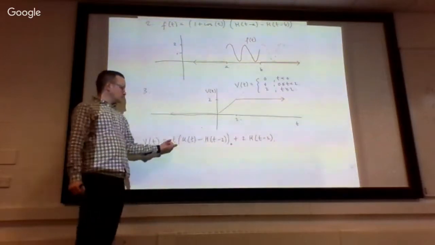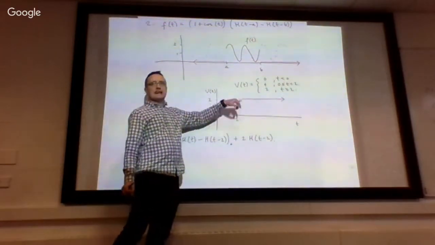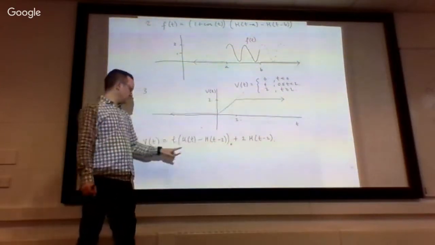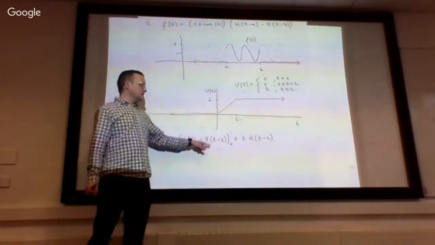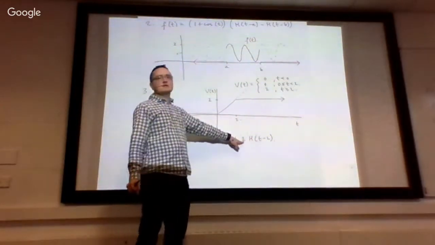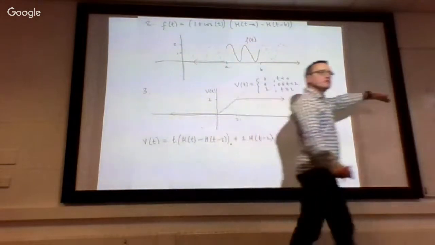So the only part that gets generated is t. That generates the ramp. But when we get to t equals 2, this part switches on, which has the effect of killing the function t, because now it's in the bracket, it's 1 minus 1, 0. But this one switches on, which switches on the constant function 2. So that maintains the graph at that level 2 for all future time.